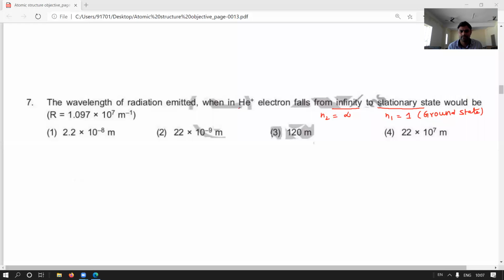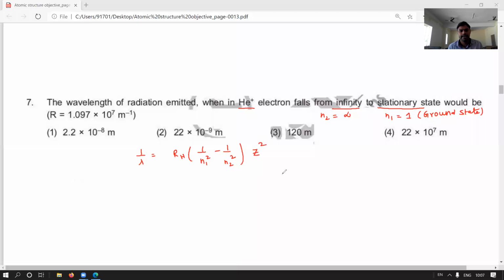Wasting time. So for the He plus wavelength we need to calculate. For hydrogen-like species, 1 by lambda is equal to R, the value is 1,09,678, that is RH, into 1 by n1 square minus 1 by n2 square, into Z square.